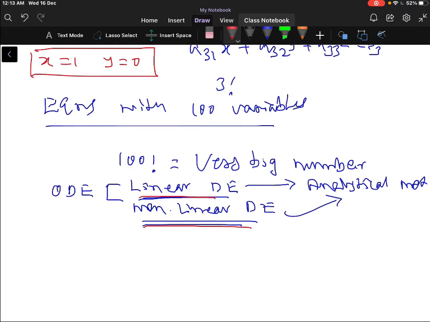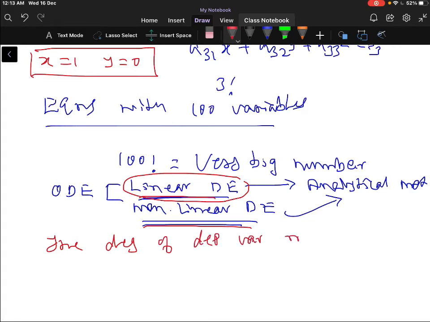If the differential equation is said to be linear, the degree of the dependent variable must be same.